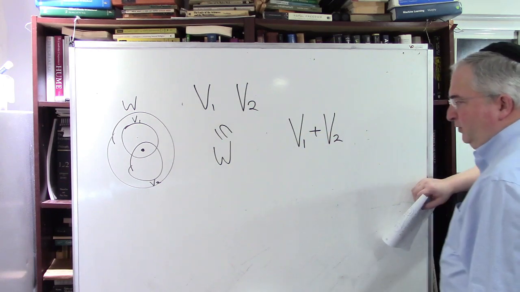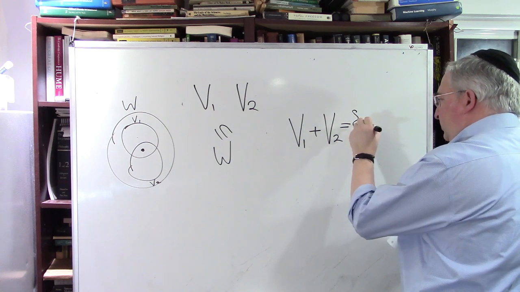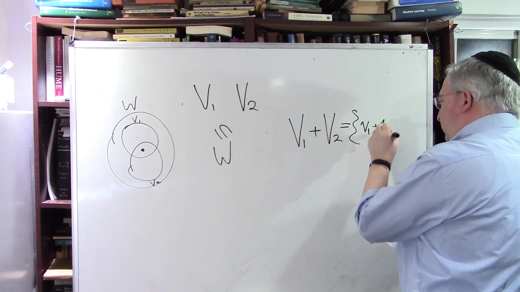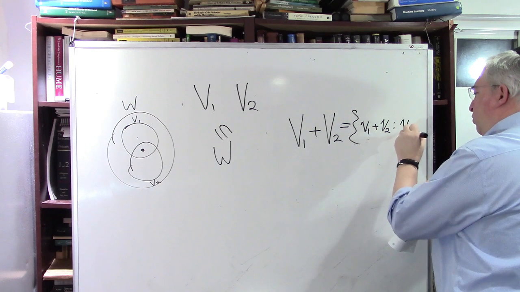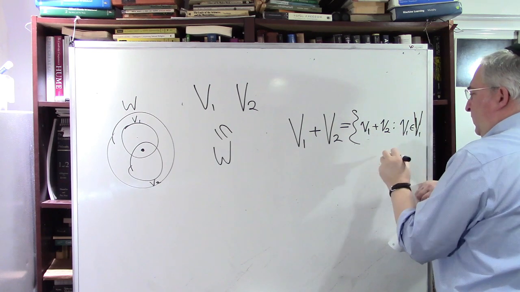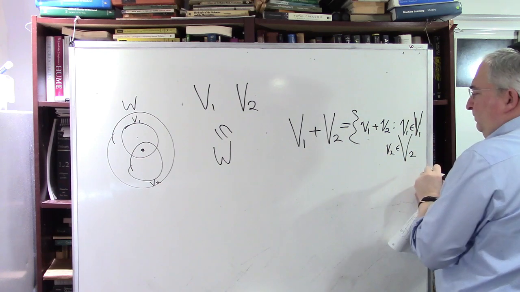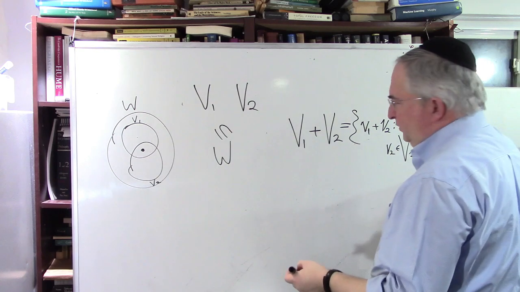What are the vectors in this? It's equal to the set of little v1 plus little v2, such that v1 is a member of capital V1 and v2 is a member of capital V2. And that's it. So you add the vectors.